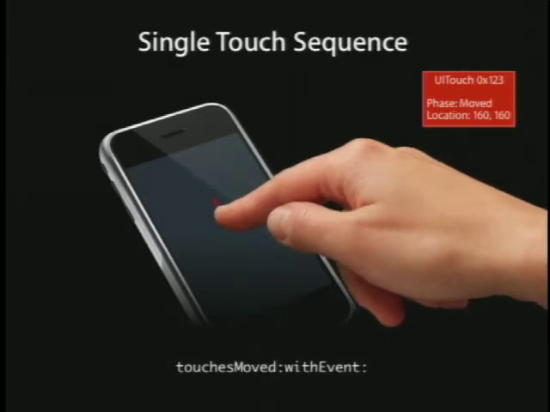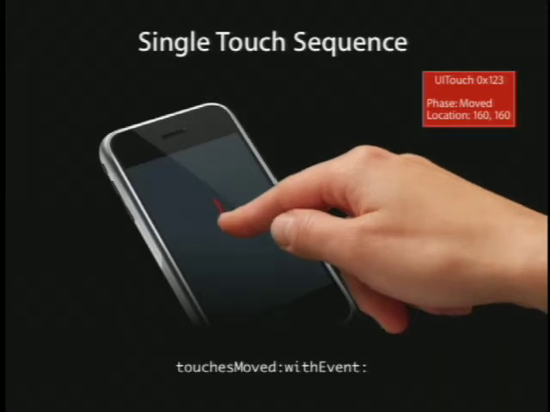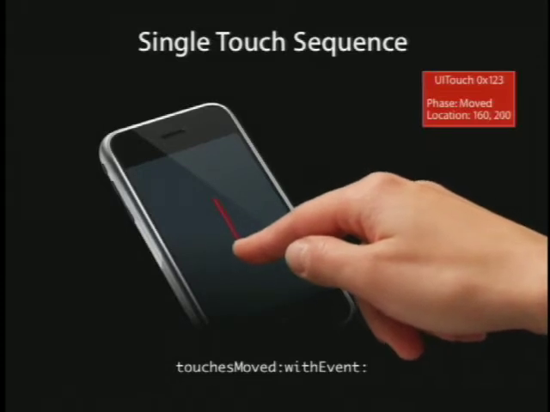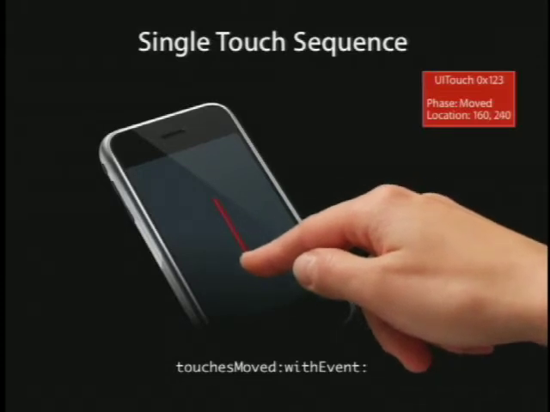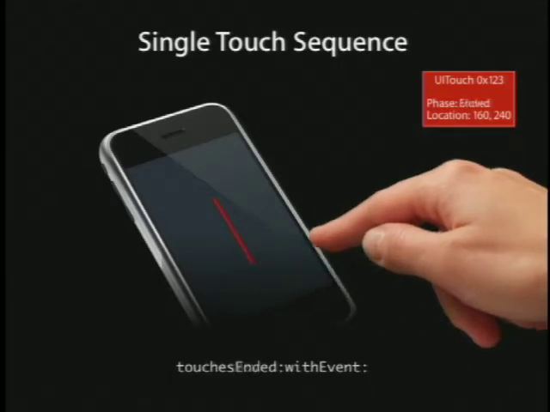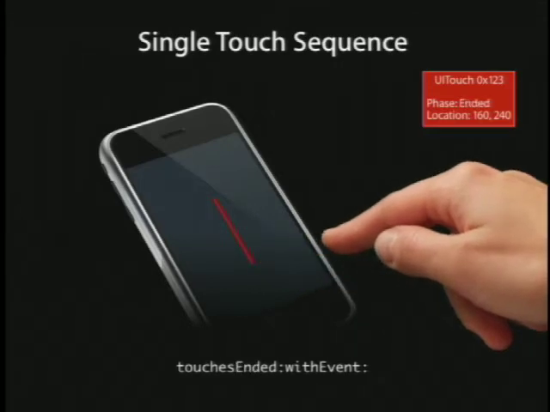As it moves, that view will receive a series of touchesMoved with event calls. It's the exact same touch instance. The phase is now moved, obviously, and the location will be updated to reflect where it is. So you'll just get a series of those pretty much as fast as the driver is processing those. When the finger finally lifts, you'll get a touchesEnded. Again, the same touch instance, but it's in the ended phase, and you'll be told where it was when it lifted.